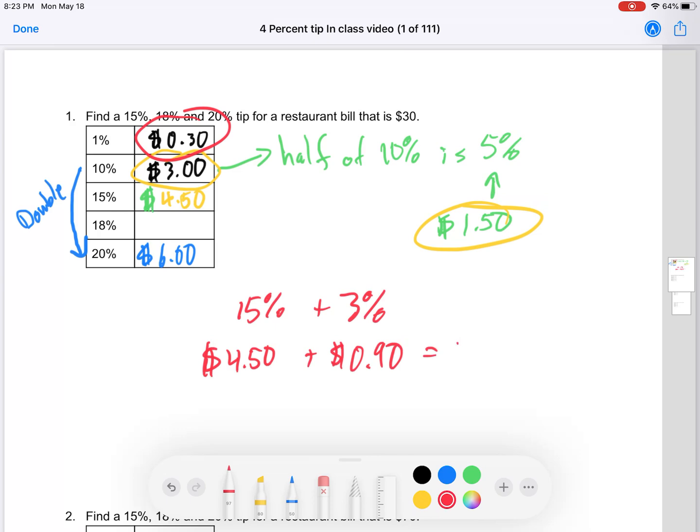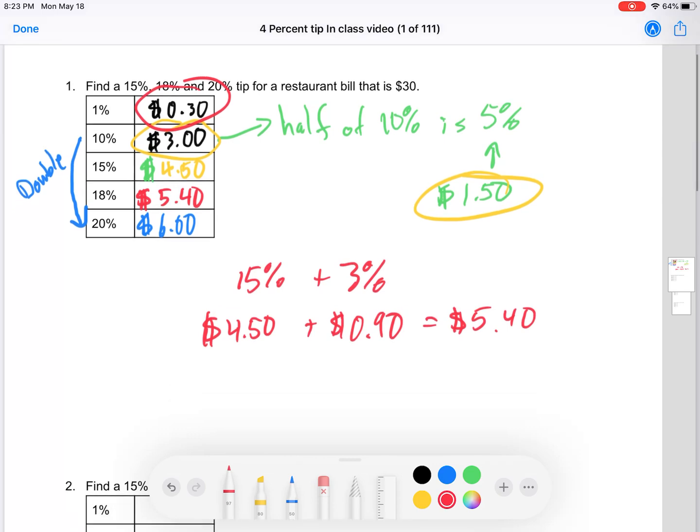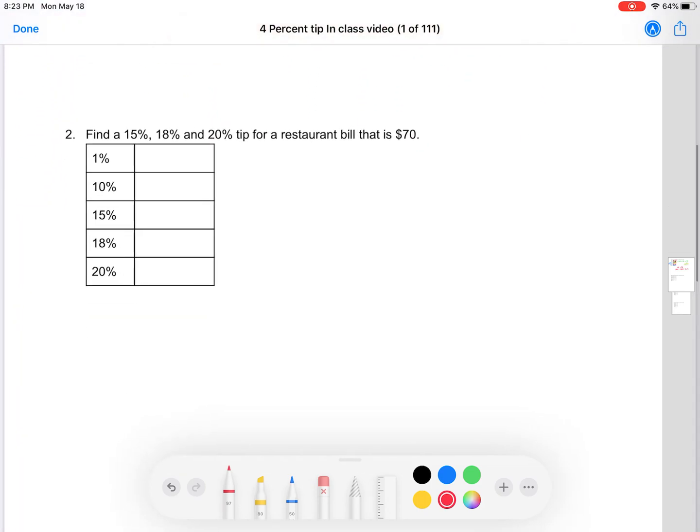Add that all up to get $5.40. So what we have is all of the percents for this. We used 1 and 10% to figure out 15, 18, and 20%. Okay? All right, let's try a little bit tougher, not much more.